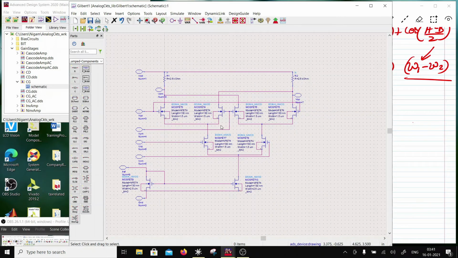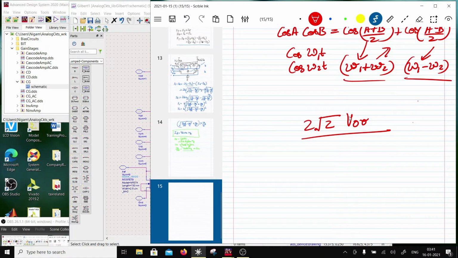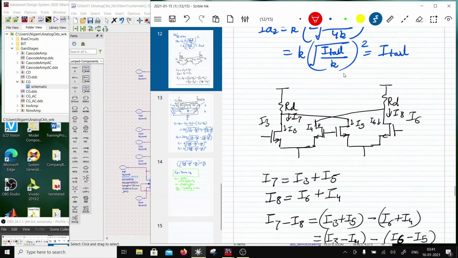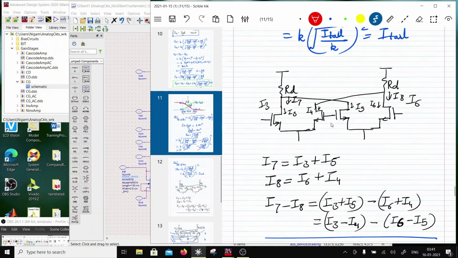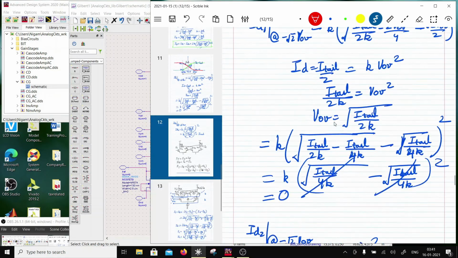If you take conversion gain up by K by increasing W by L, then the overdrive is going to go down. So there is a trade-off between the gain, which is basically the slope of this, and the input voltage range overdrive. Okay, so this is the trade-off.